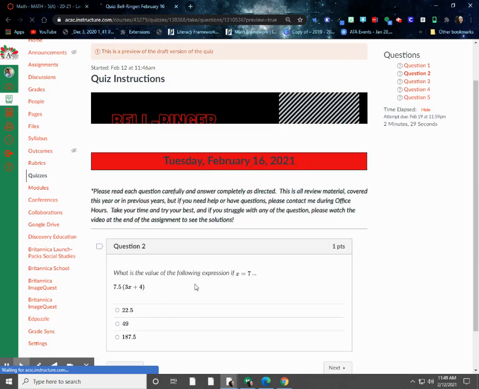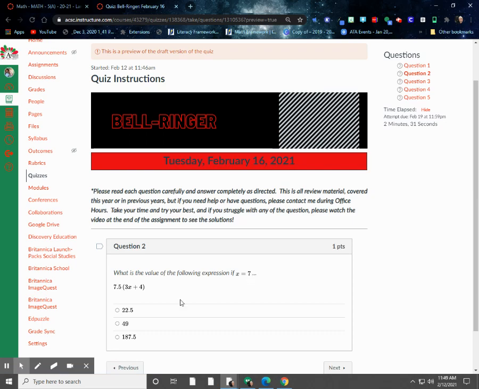Question number 2. What is the value of the following expression if x equals 7? So again, for this expression, I just need to plug my value into the expression and see what I get. So I've got 7.5 times the quantity 3 times 7 plus 4.